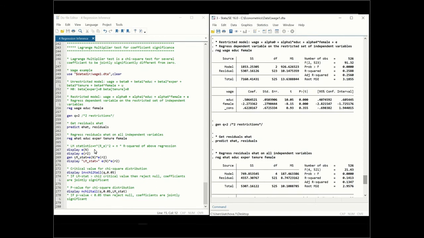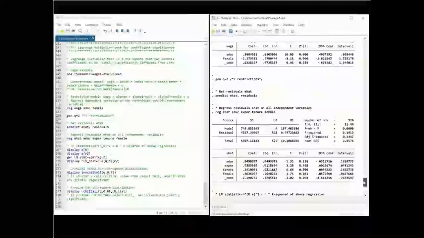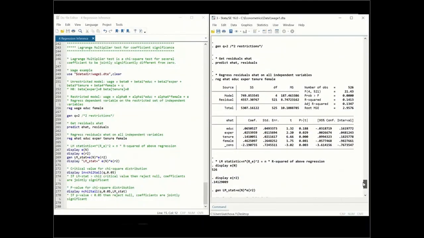So this is the LM statistic. It's equal to the number of observations times the R squared from this regression. Here we can display the number of observations and the R square and multiply them to get the LM statistic.